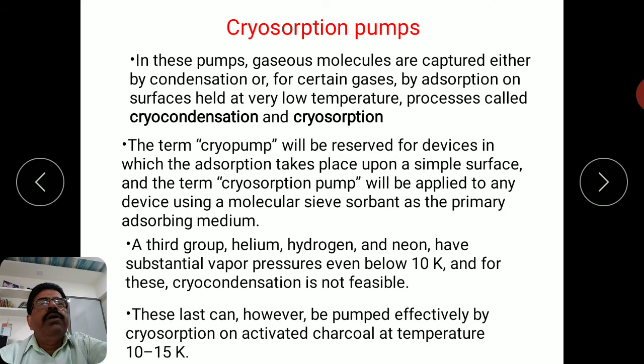They are used to pump gas molecules like helium, hydrogen and neon. And for that, earlier also we have discussed the use of activated charcoal. So activated charcoal and the process of cryosorption can be used to pump these gas molecules even at a temperature of 10 to 15 degrees Kelvin.